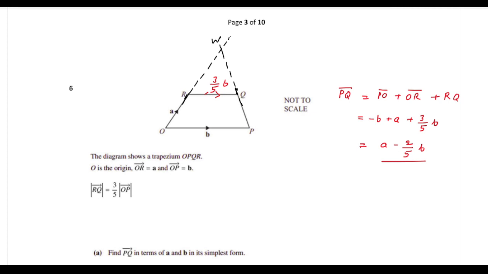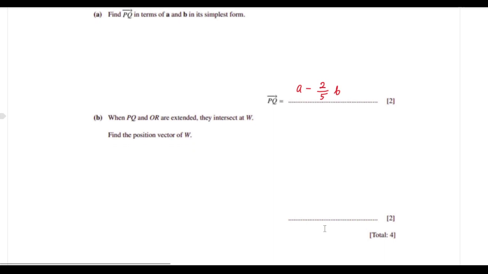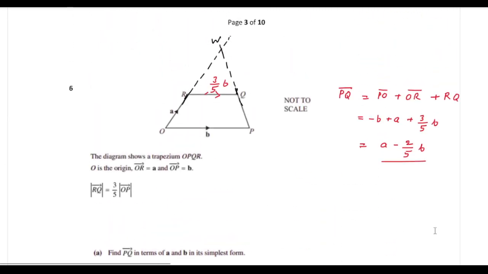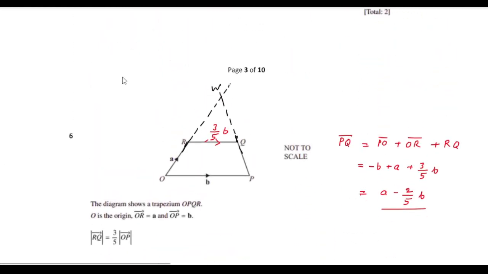Okay, let us apply that. I think this is practical. I will use the similarity of triangles, and what we can see. Okay, let me solve here only. I know that triangle WRQ is similar to triangle WOP.